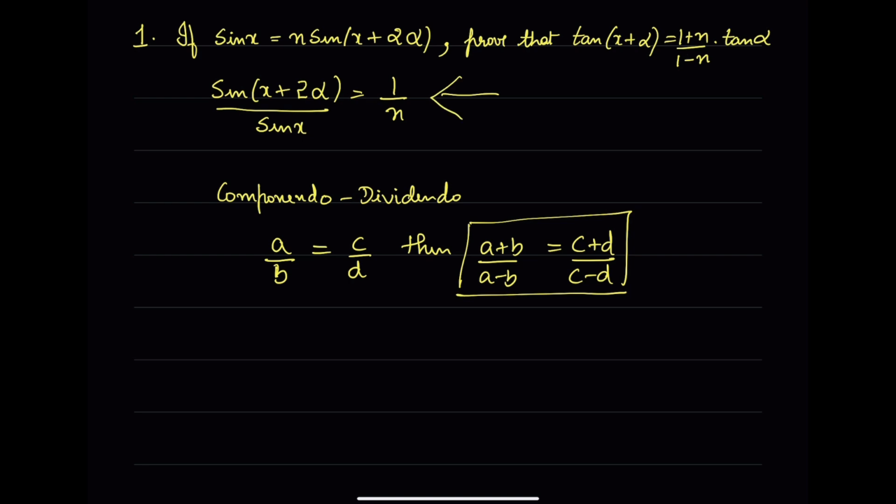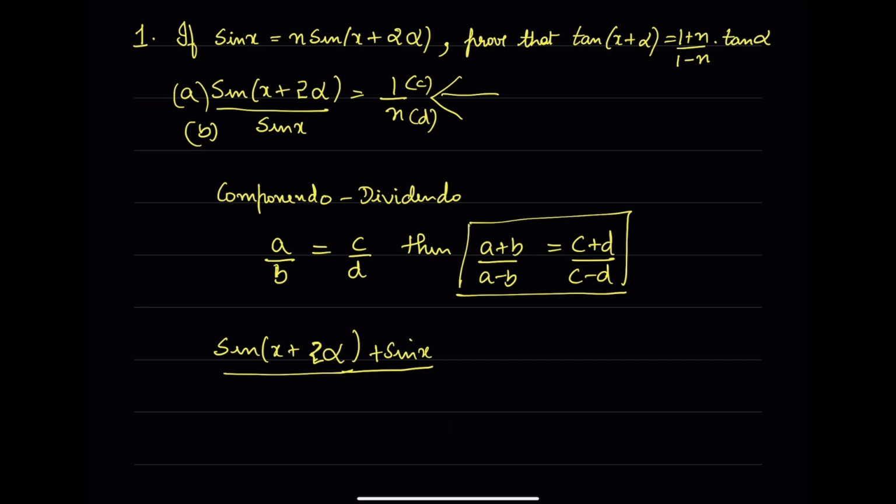So if you consider this as a, this as b, this as c, and this as d, we can rewrite this as a plus b is sin of x plus 2 alpha plus sin x. This will be our numerator.